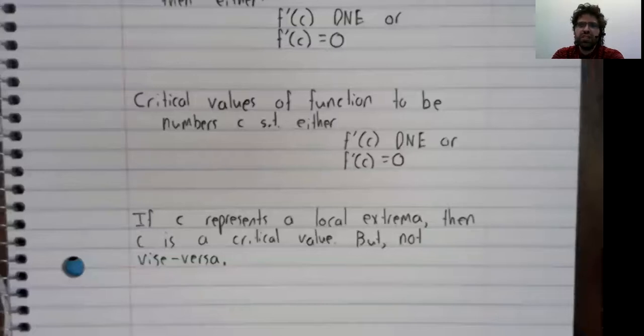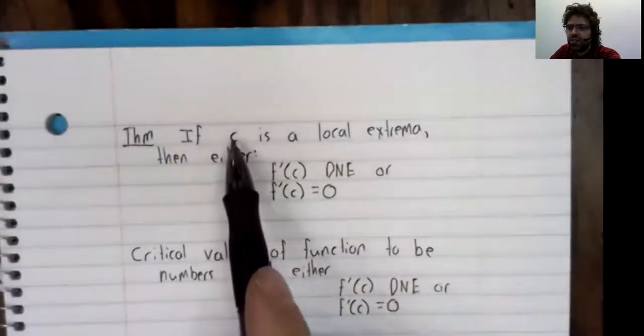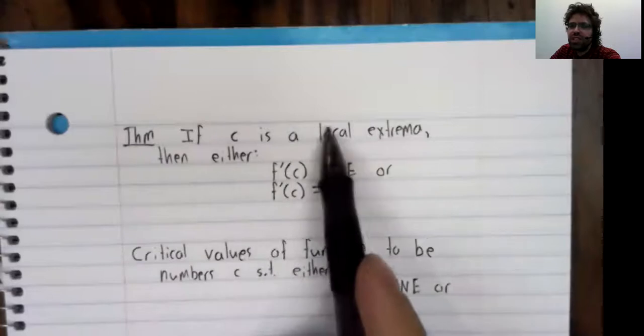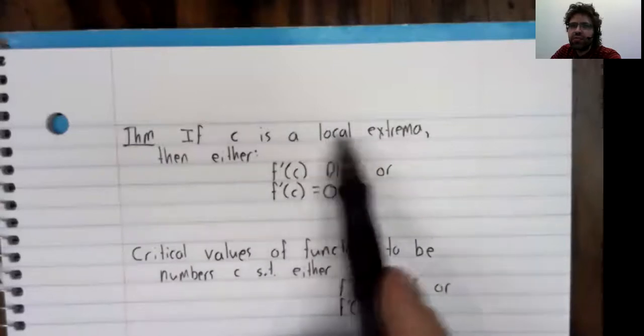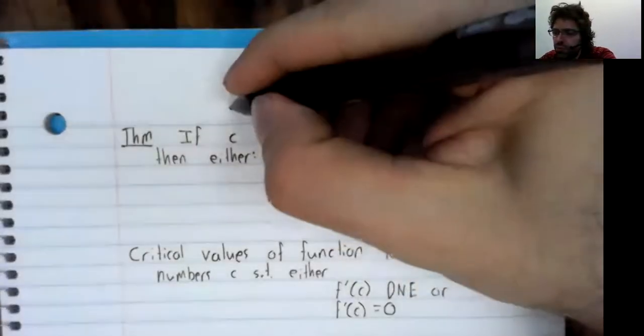I'm being slightly sloppy with my terminology, by the way. A local extrema is really a point. I shouldn't say things like if C is a local extrema, but I hope that's not causing confusion.